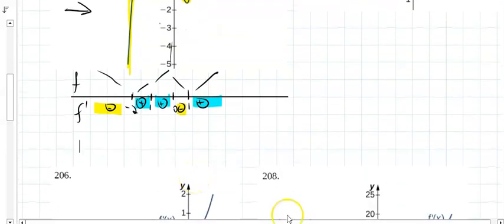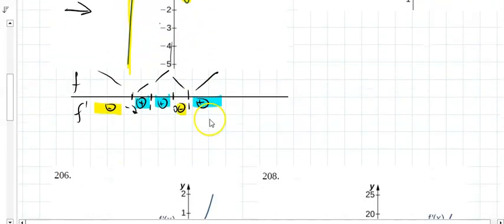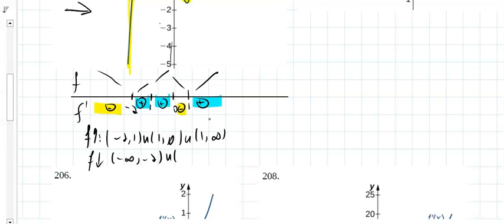Part A says, remember again, increasing, decreasing, B, local maximum, local minimum. F is increasing from -2 to 1, union with 1 to 0, union with 1 to infinity. And F is decreasing from -infinity to -2, union with 0 to 1.